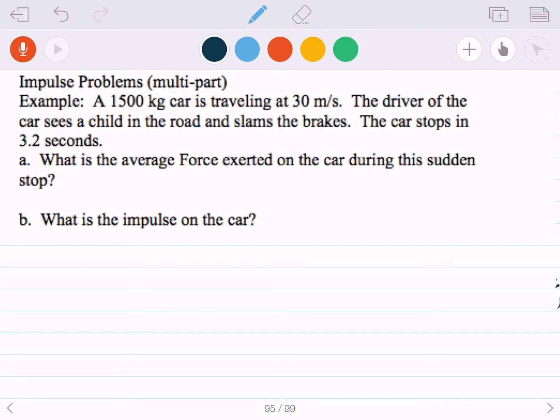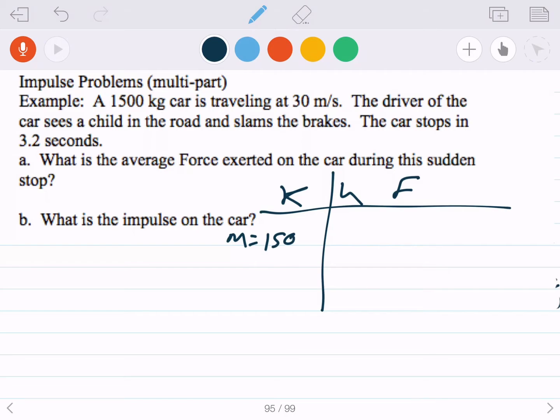So let's go back to our original KUF. We have mass equal 1,500 kilograms. V1 equals 30 meters per second. V2 equals 0 meters per second. And time equals 3.2 seconds.